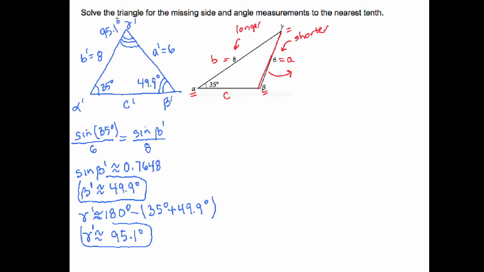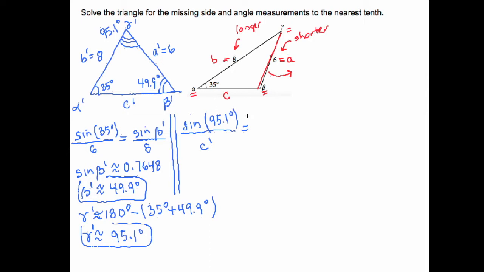And the only thing I have left to find is C prime. So I'll use this space right here to apply the law of sines again. And I'll have the sine of 95.1 degrees, because that is the angle opposite C prime, over C prime.